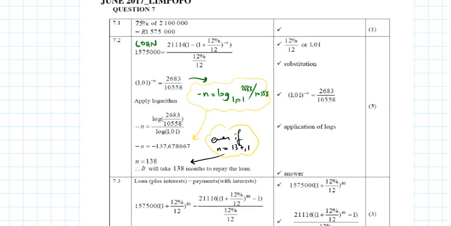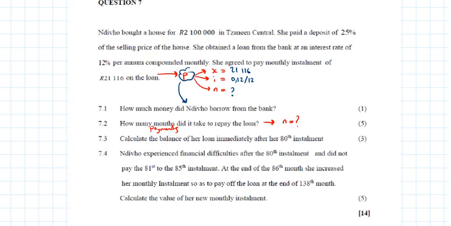Now calculate the balance outstanding. For balance outstanding questions, there are two ways of solving that. One is using just the P formula, which looks a little bit easier, but it doesn't always work.